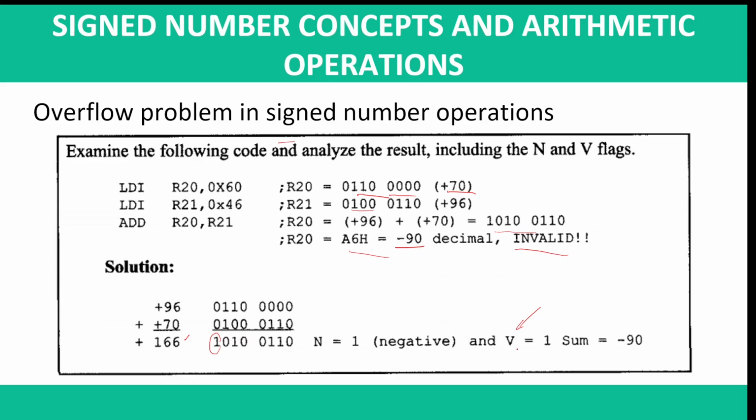And it's up to us since this is invalid because we all know that 166 is the correct answer for the decimal. It's up to the programmer to correct this output.